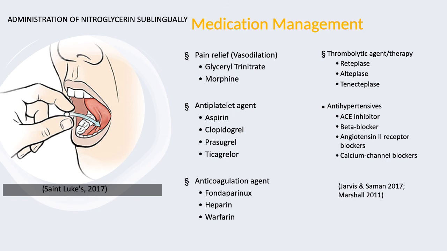Anticoagulants such as heparin and warfarin are used to prevent clot formation. However, not all acute coronary syndrome patients have been prescribed anticoagulants due to the risk of bleeding. Hypertension is a major cardiac risk for acute coronary syndrome, and antihypertensive drugs such as beta blockers and ACE inhibitors have been associated with improved outcomes.